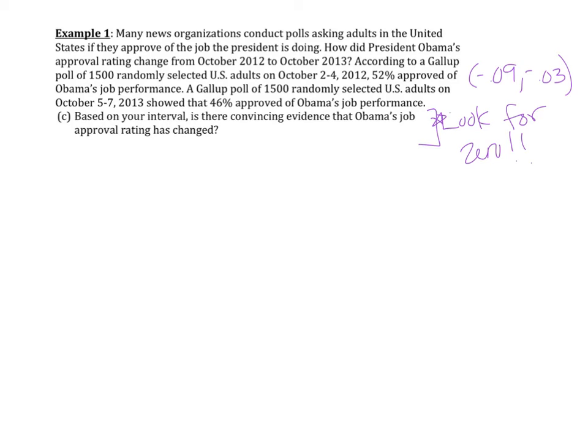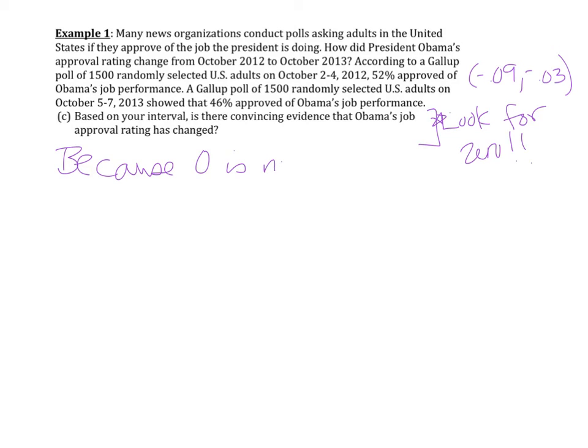However, in this, our interval is very clearly below 0. So because it's very clearly below 0, that gives us strong evidence that not only has it changed, but actually it's decreased. So I'll write that out in words. You always have to mention two things. You have to mention whether or not 0 is in the interval, and what it actually means.